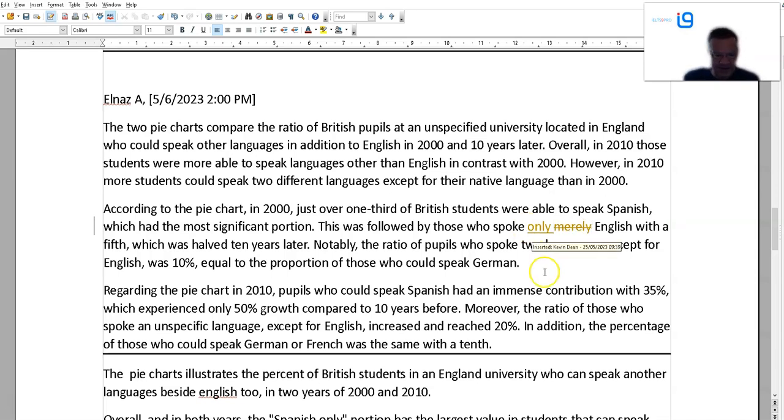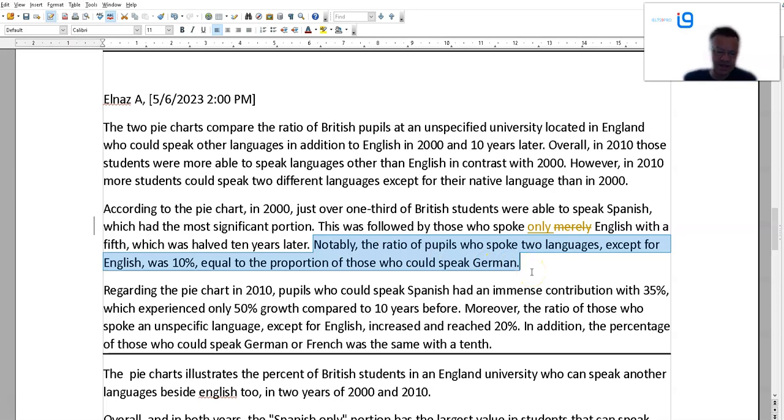With a fifth, which was half 10 years later. Right, so you've got a fifth, a half. Instead of fractions, tell me, was it 5%? Was it 10%? Was it 80%? So it's not confusing people. So 10% as you speak German. So why would you compare these two?